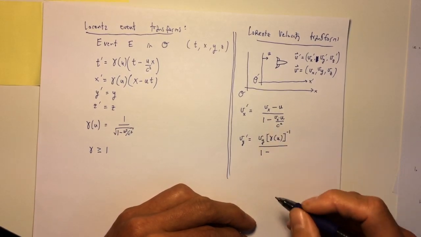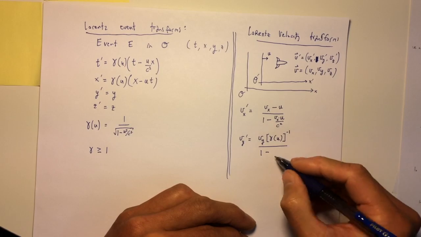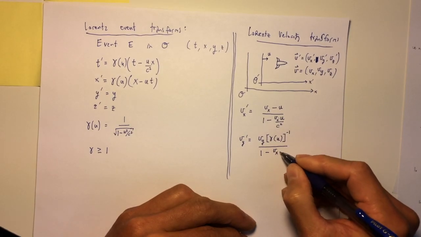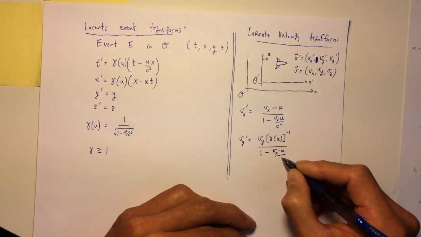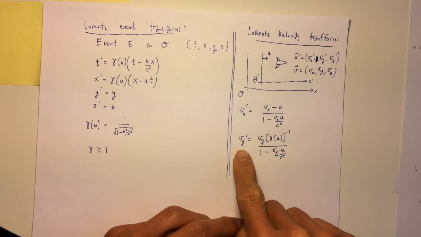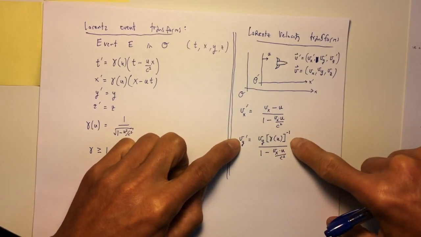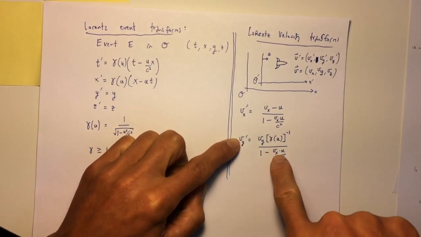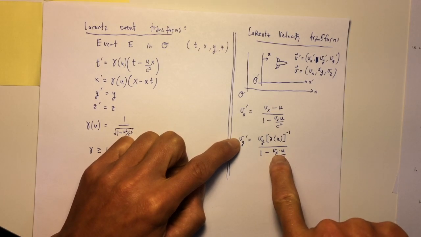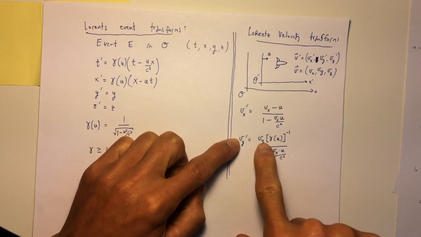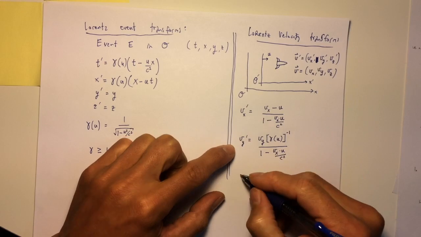So 1 minus, and notice that I'm writing vx times u over c squared. So this is about the y direction, but it's got x direction information in it, as well as y direction information.